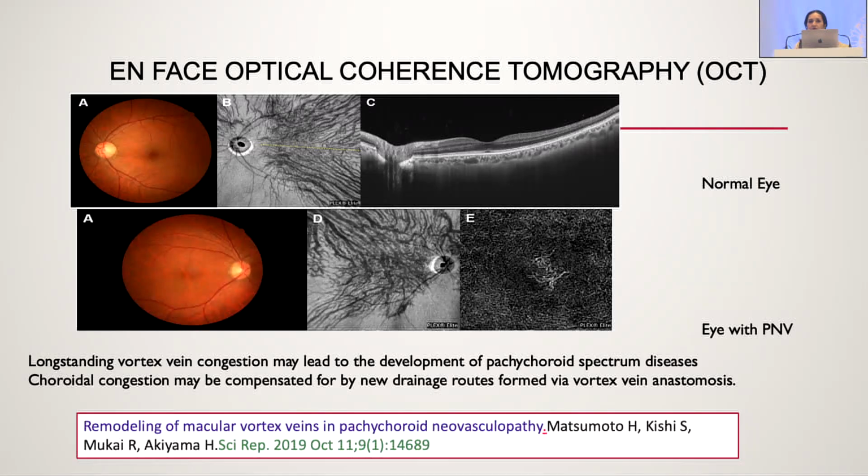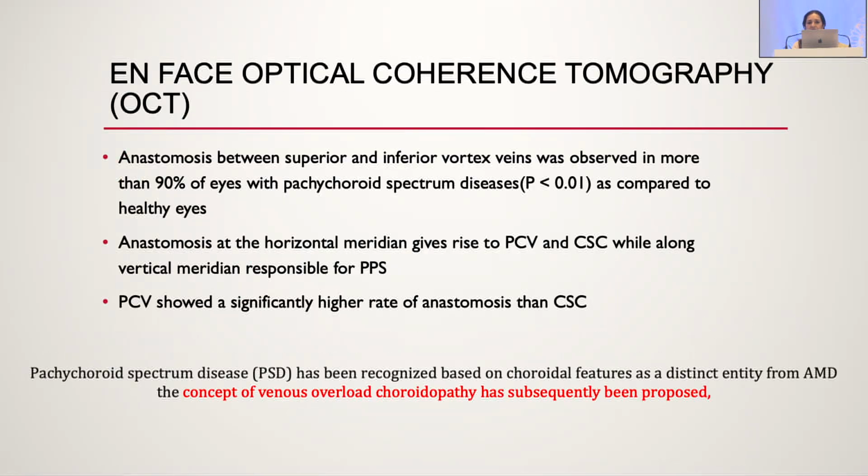What we have also always known is that pachychoroid is responsible for the whole spectrum of PCV as well as CSC. Now we know that it is the peripheral vortex congestion which must be the root cause for all this. For all we know, what we have been treating medically may end up having a surgical cause, and if we decongest the vortex veins, maybe that may give us the answer.